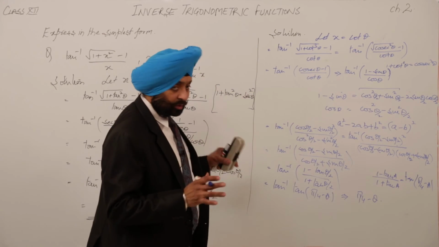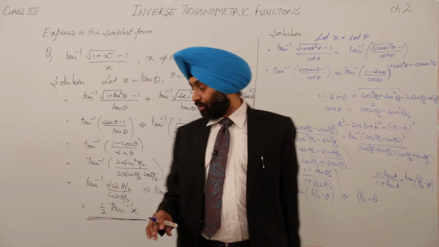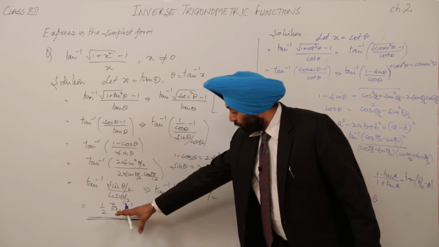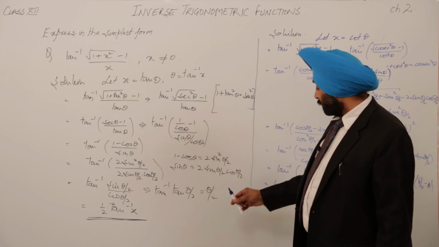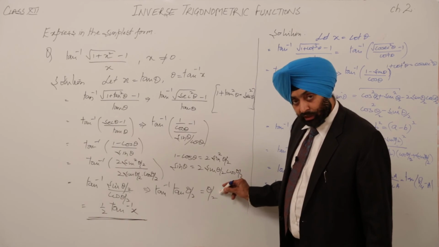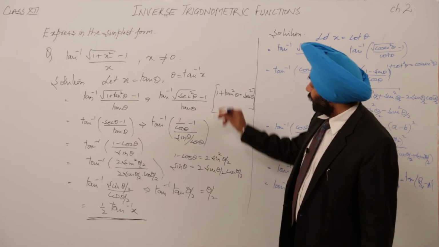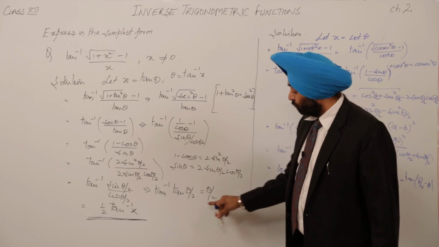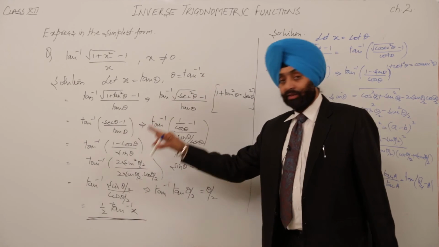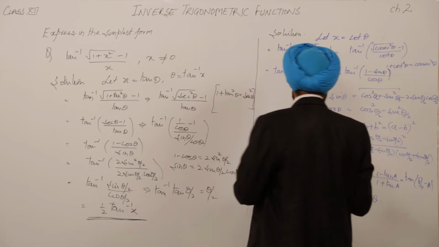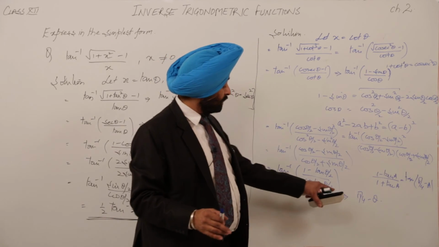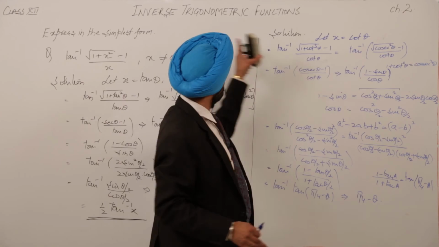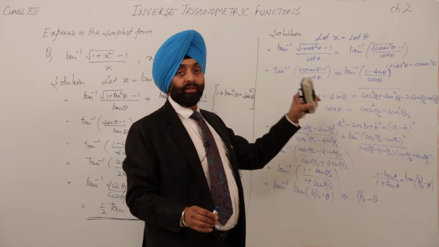Now in the simplest form I got pi by 4 minus theta, but what is it? It is half tan inverse x, and earlier we got theta by 2. So when theta by 2 was there, our theta was tan inverse x, so I put in place of theta tan inverse x. Now since the variable in the question is x, we have to write in the form of x.